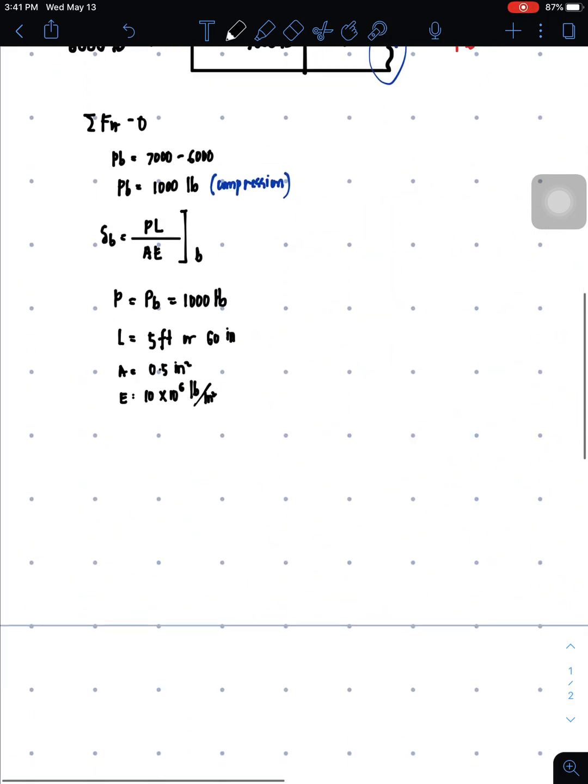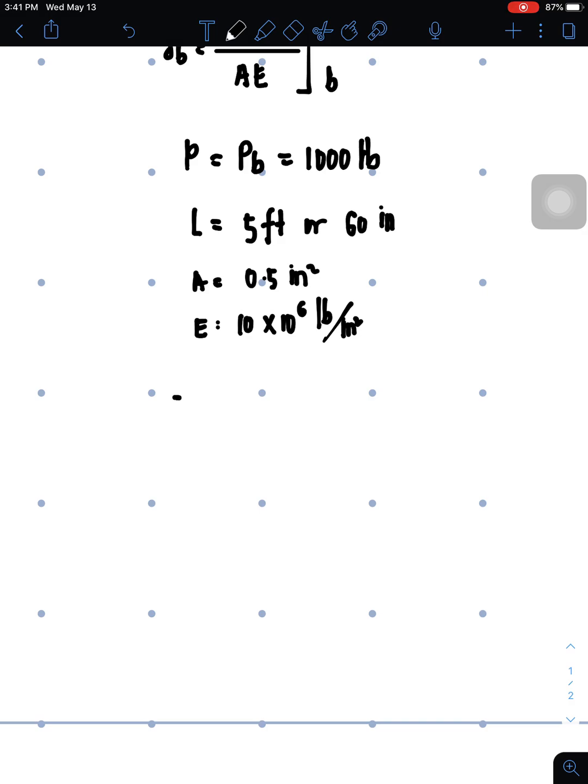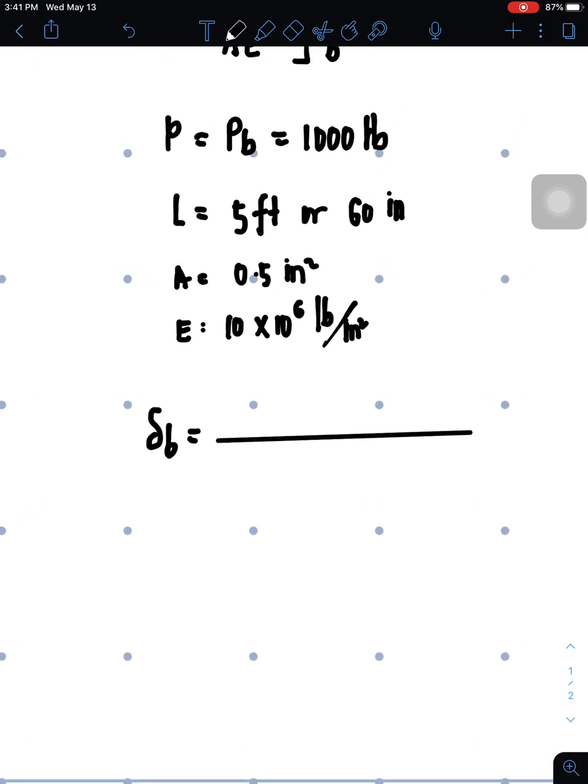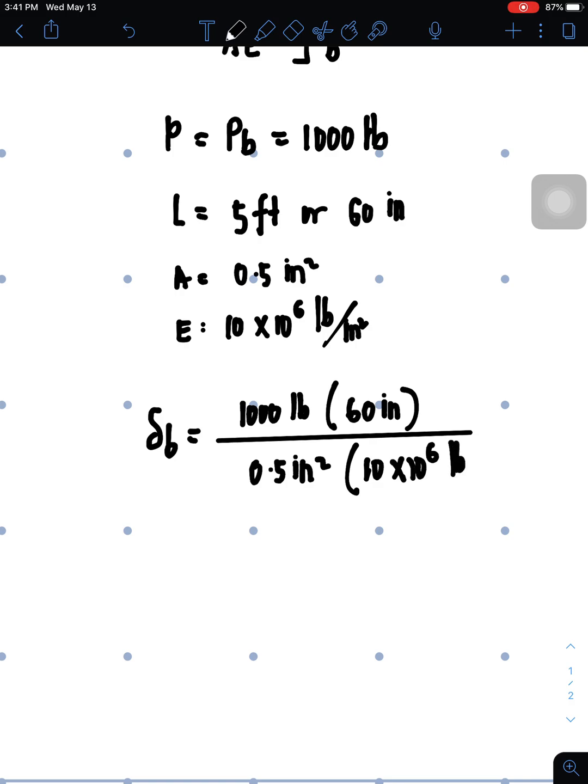Now it's the deformation due to section B. So this is 1,000 pounds multiplied by 60 inches divided by 0.5 square inch times 10 times 10 to the 6 pounds per square inch.